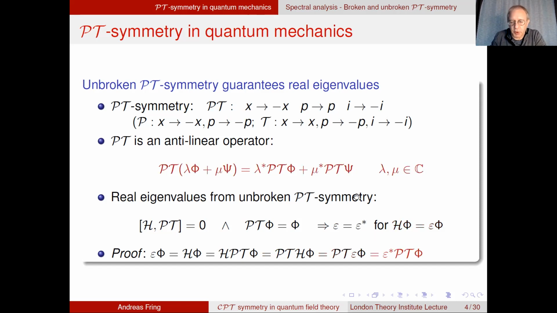Now comes the crucial property that PT is antilinear, and when I pull PT through to act on the phi, it will conjugate the epsilon. And now I replace again the PT phi by phi, and we arrive at our conclusion, namely that epsilon is equal to epsilon conjugate.